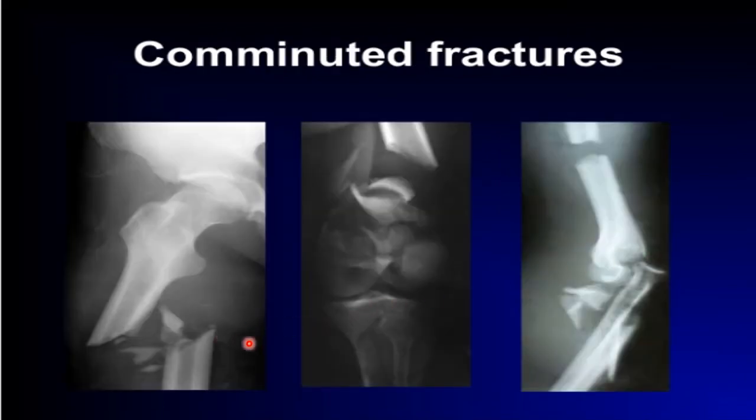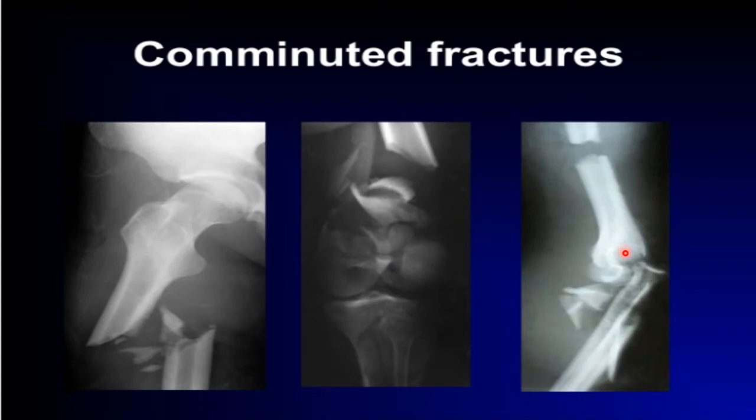Then these are examples, X-rays of comminuted fractures. Here you see multiple small bone pieces, and these are the main two pieces, upper third of the femur. This is the lower end of the femur, just above the knee, and there are multiple bone pieces.